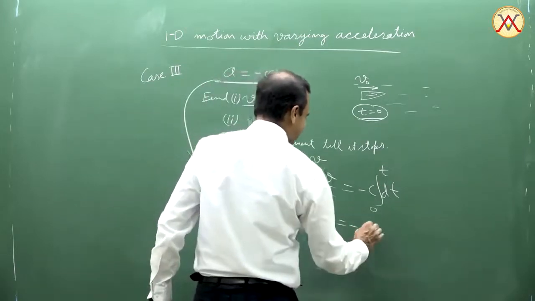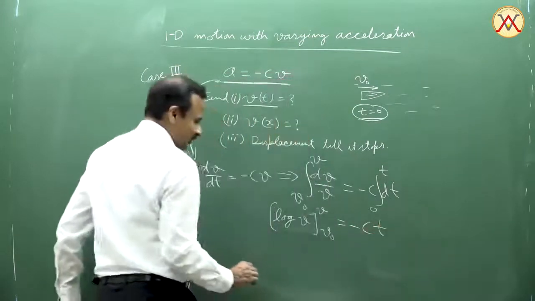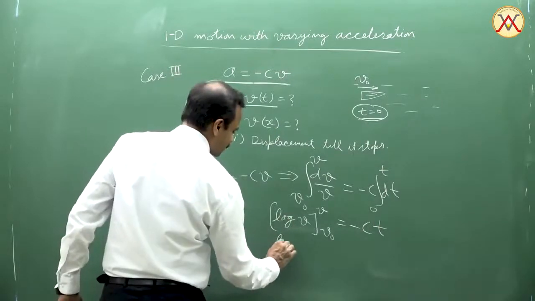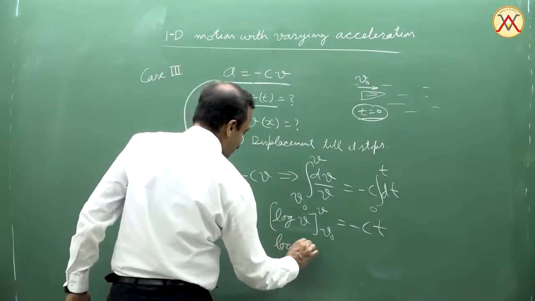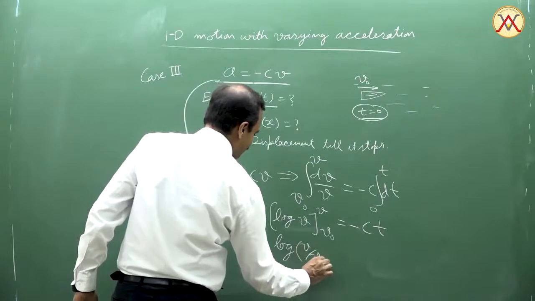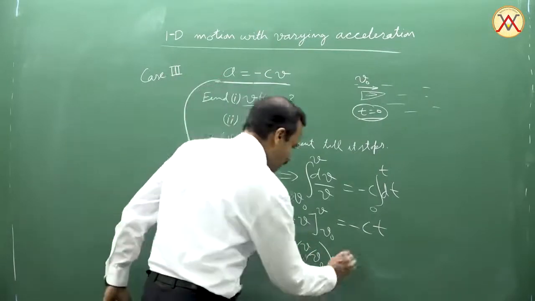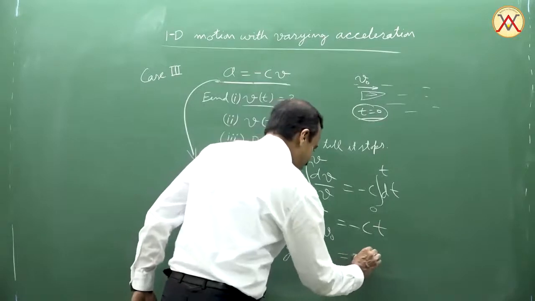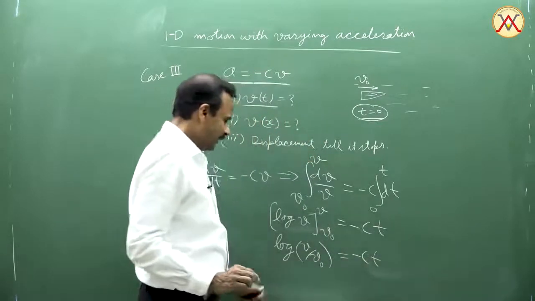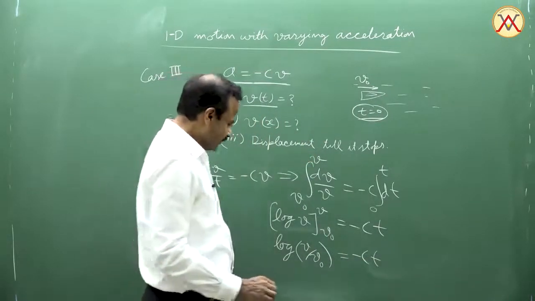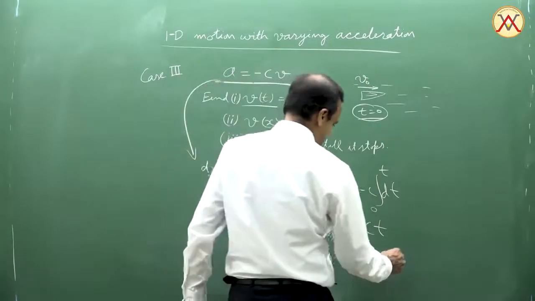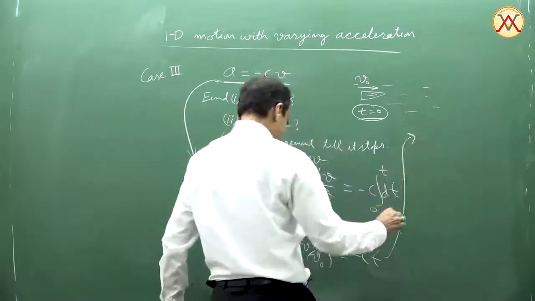Right hand side is simply minus ct. This becomes log of v divided by v0, log v minus log v0, you can write it as log v upon v0 minus ct.